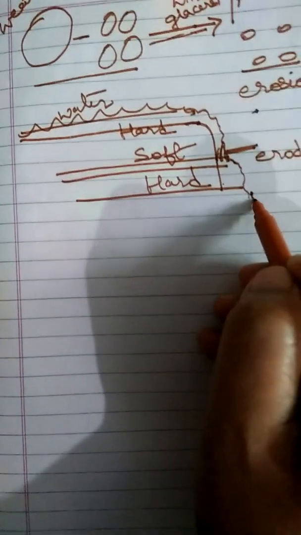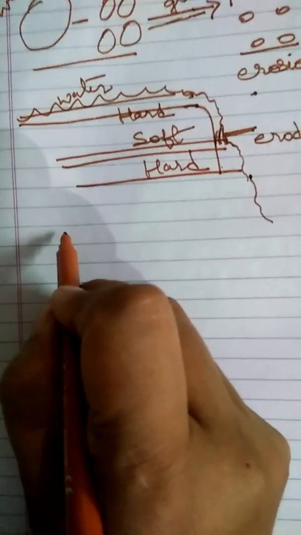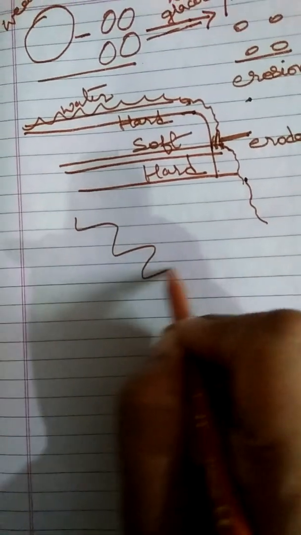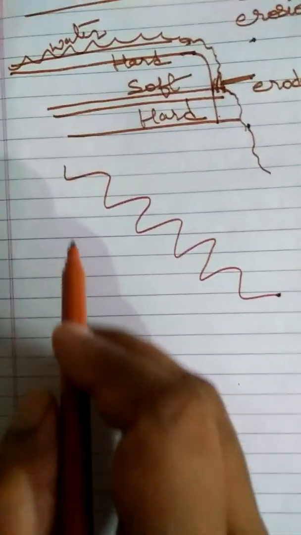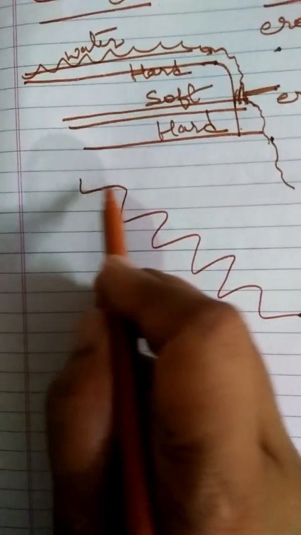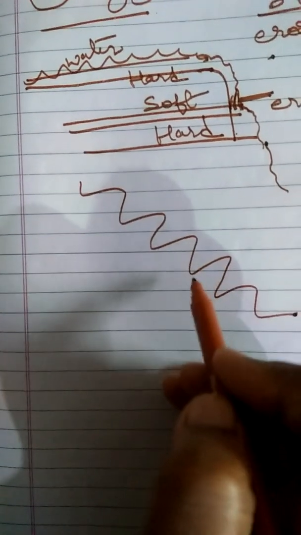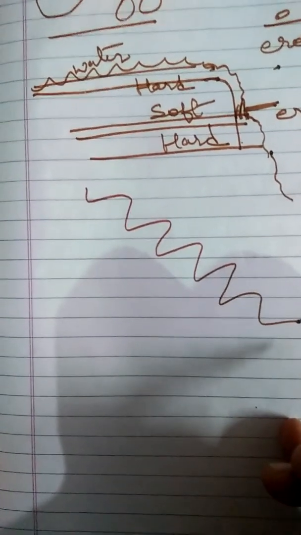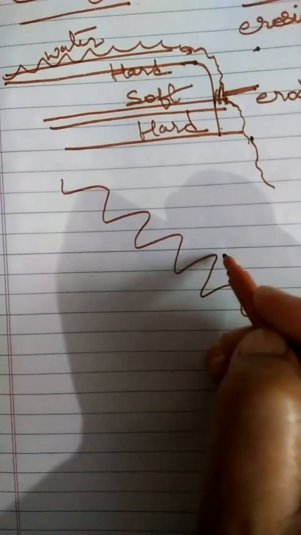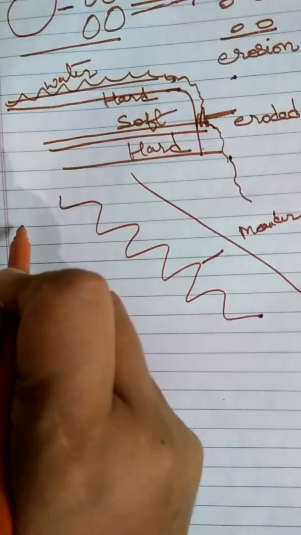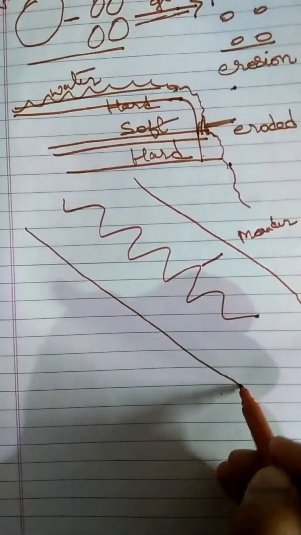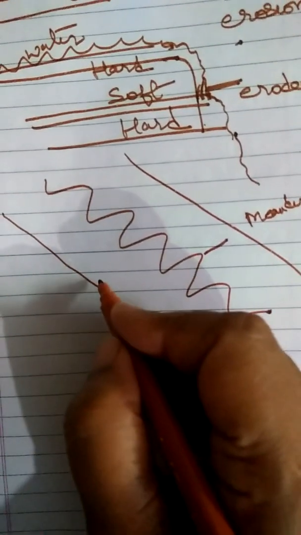Fine. Now when this river flows, it flows in a zigzag, wavy way, or it gets twisted and takes turns to flow. So this is called a meander. Now on the sides of this river there are flood plains.